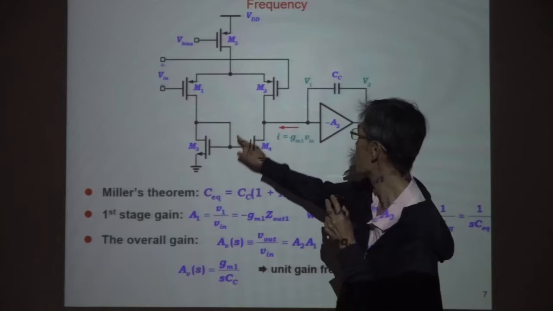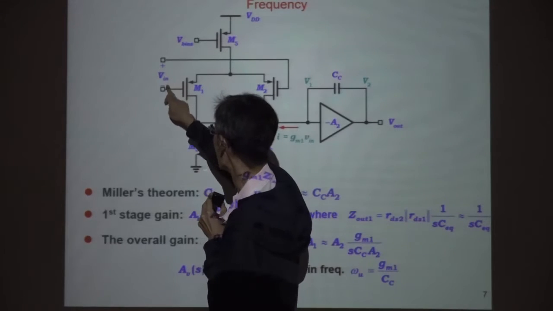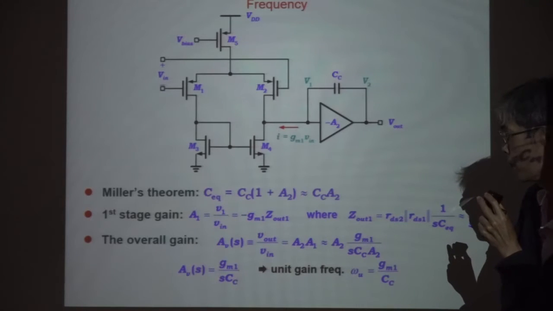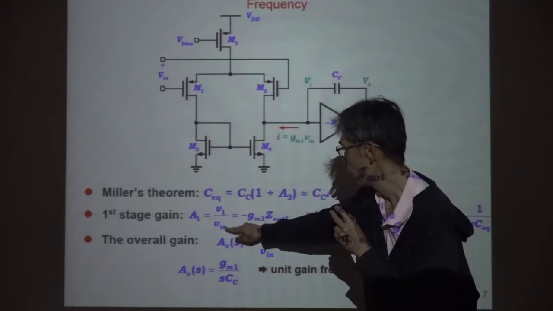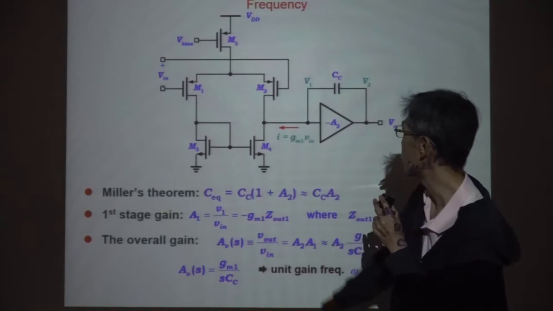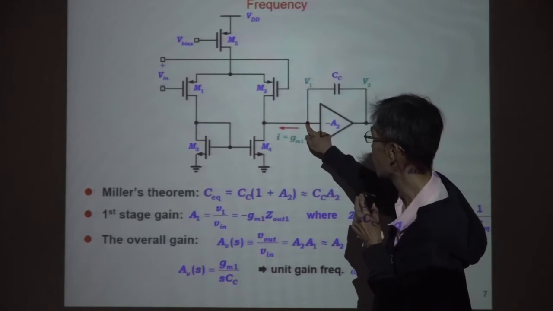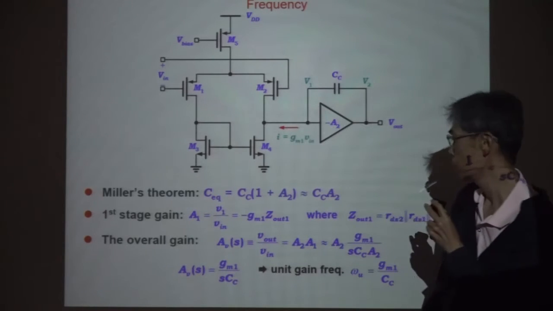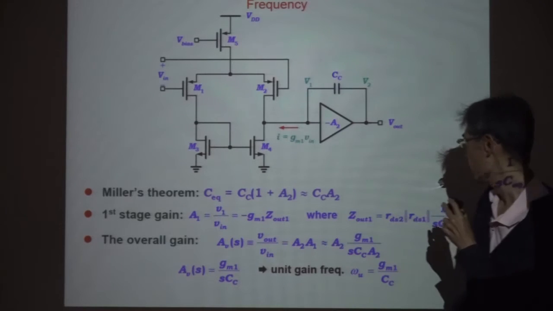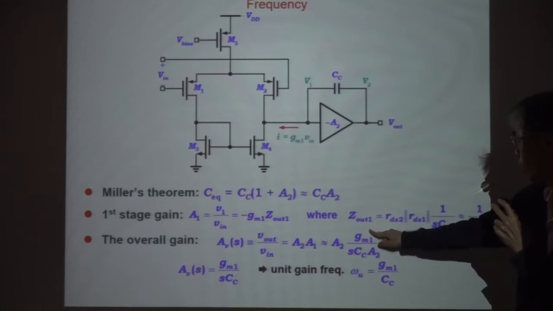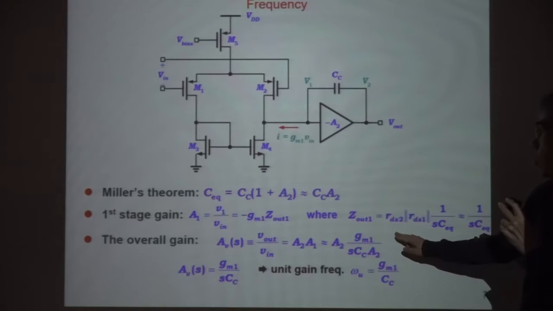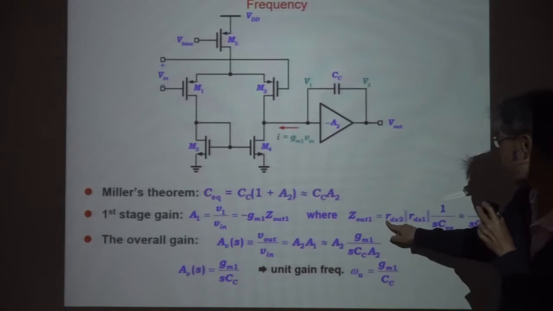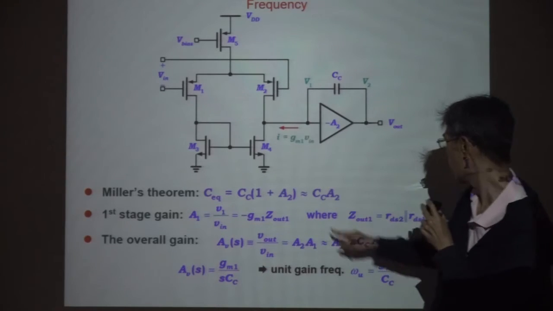And V in, we have V in here. And V1 is the output, this node. So V1 divided by V in is the A1 gain. So we got this one already. And Z out 1, at this node, we have RDS2, RDS1.